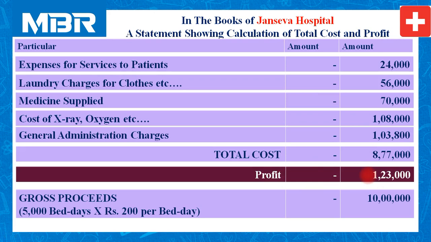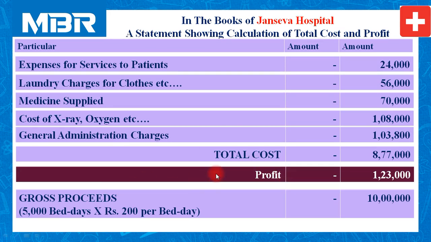Dear students, at this point, I would like to explain something else which is not connected to the solution of this problem. It may be possible that in future the examiner may inform you that the hospital is charging profit at the rate of 20% on cost or 20% on gross proceeds, whatever it is.